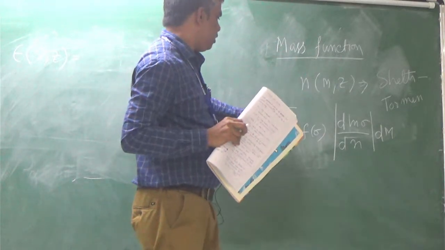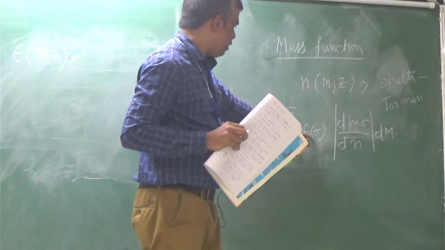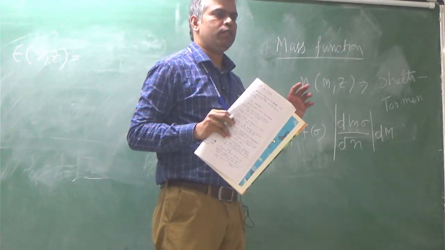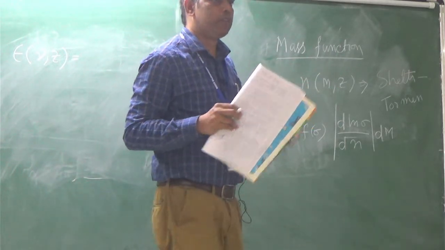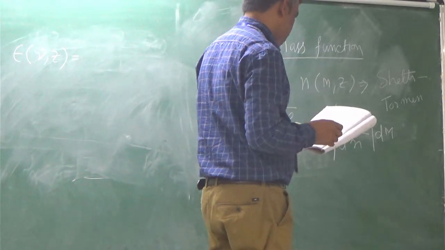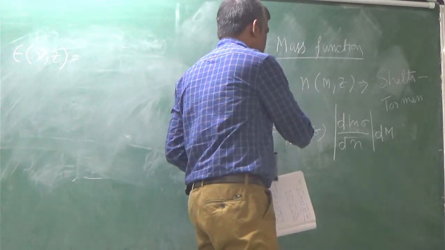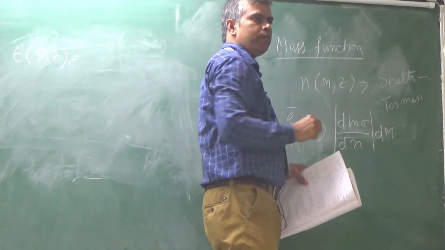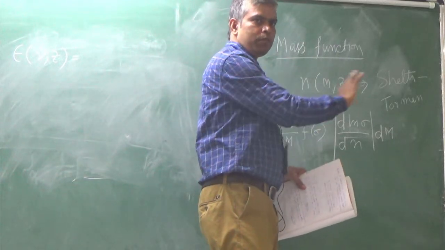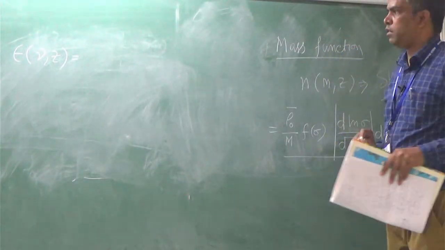So rho is the present day matter density, m is the halo mass, and f sigma is the mass fluctuations, the RMS mass fluctuations of the dark matter density field corresponding to scale m. I guess you know how to calculate that from a different topic. So this is the formula by which you can calculate.